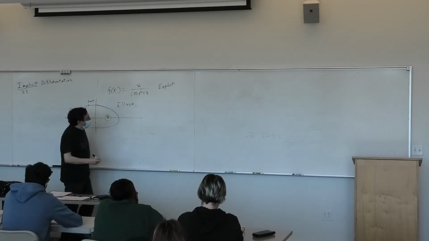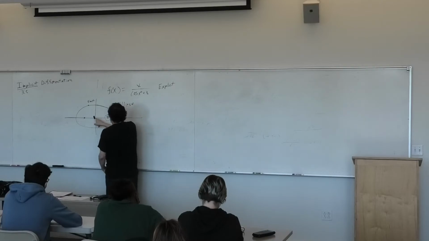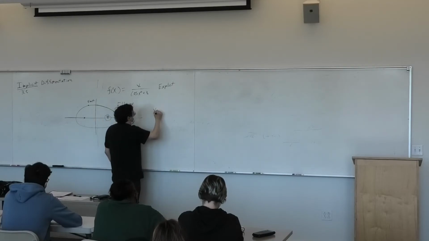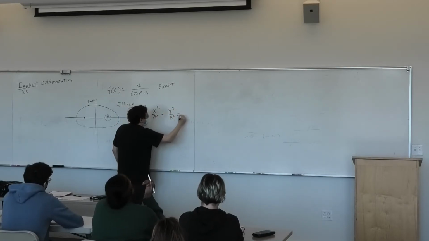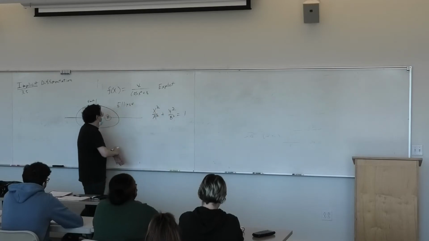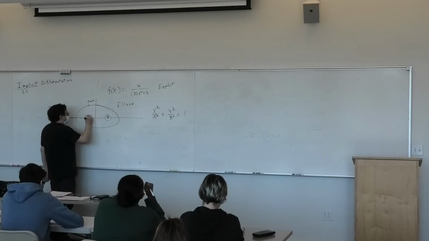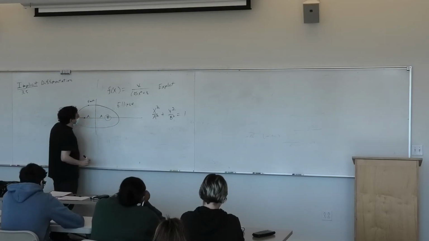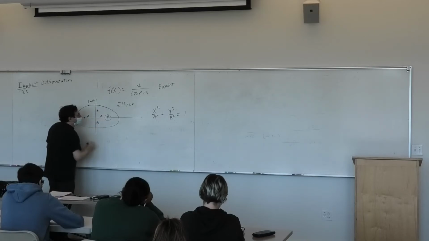And you might have learned that there's a general form of an ellipse that's centered at 0, which is x squared over a squared plus y squared over b squared equals 1, where a is the semi-major axis, b is the semi-minor axis.